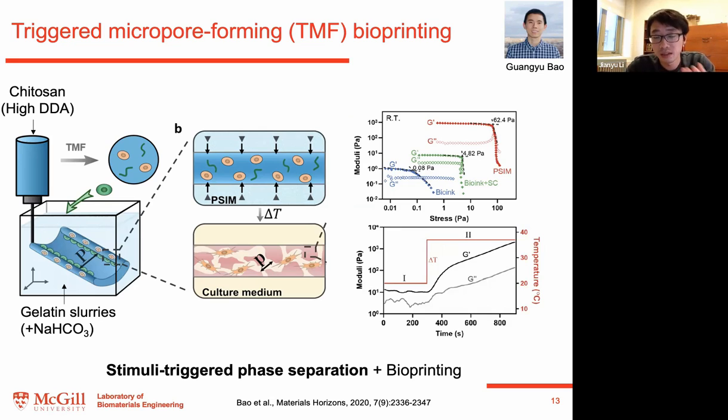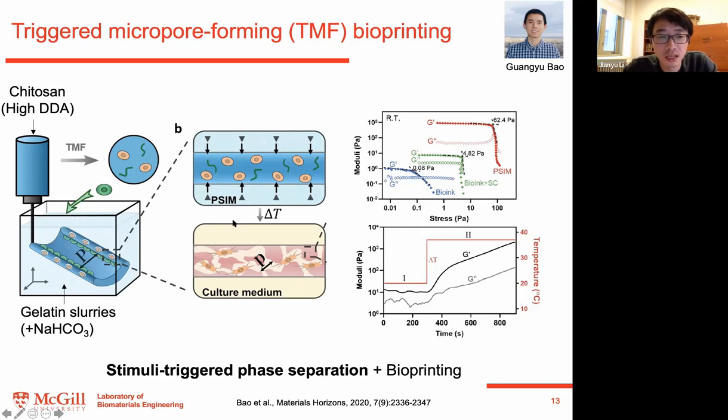It's a very fundamental mechanism in materials and polymer science. By doing this, we can spontaneously generate both a polymer solid phase and a water phase inside the printed structure.